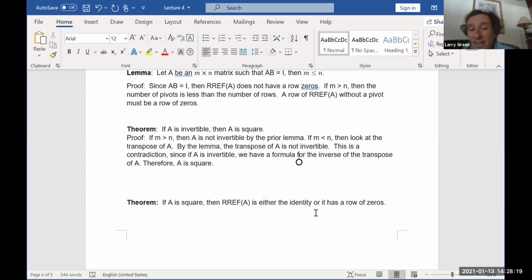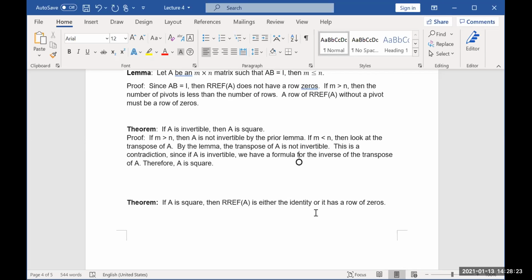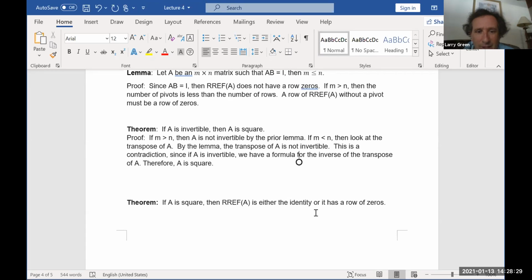So there's two cases. The first case is A is invertible, right? So if A is invertible, then RREF of A must be the identity. That's part of being invertible, right? Is that clear?